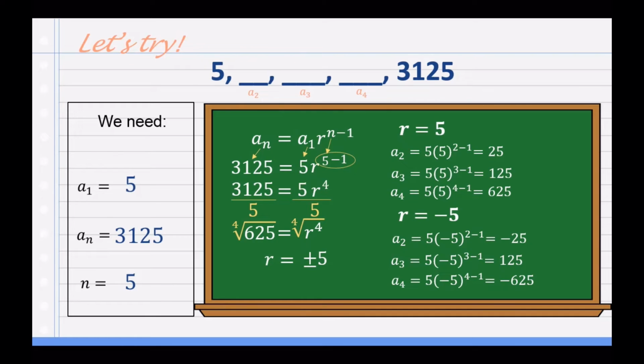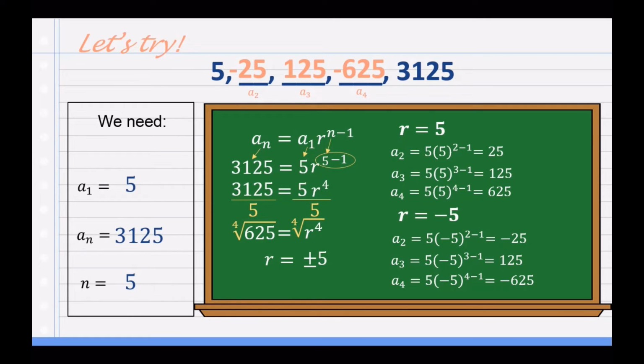So if our common ratio is equal to negative 5, our sequence will be 5, negative 25, 125, negative 625, and 3,125 with a geometric means of negative 25, 125, and negative 625.